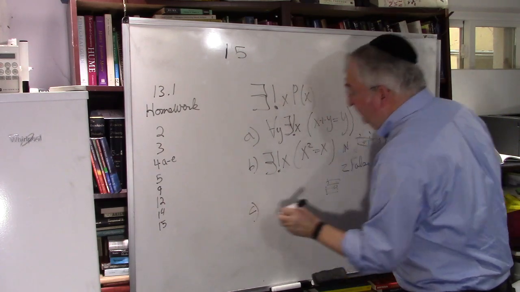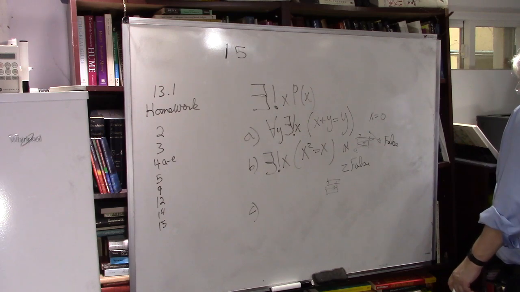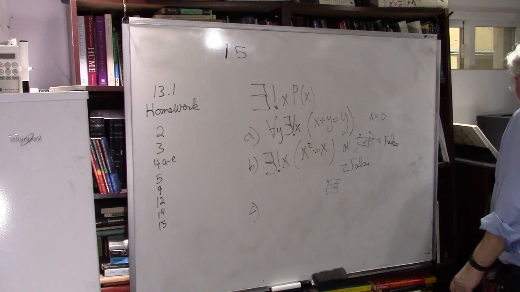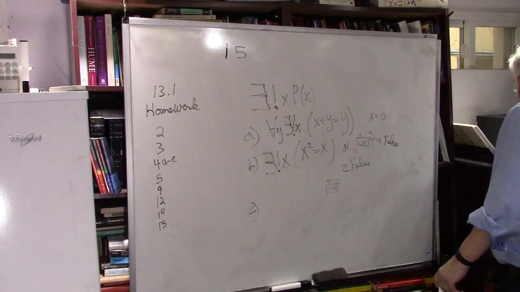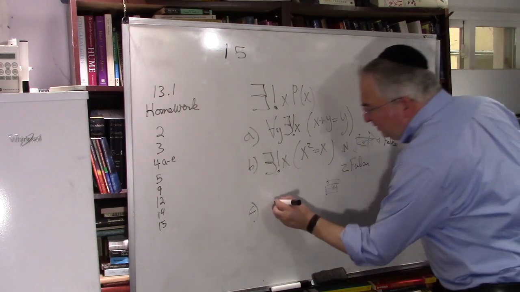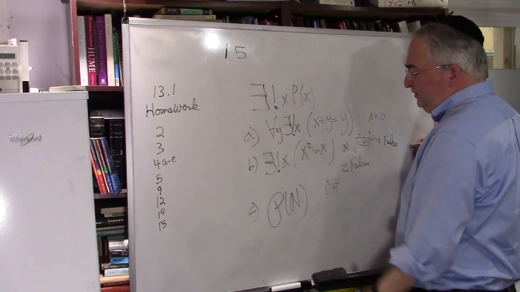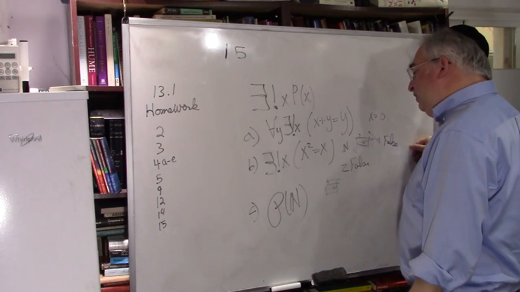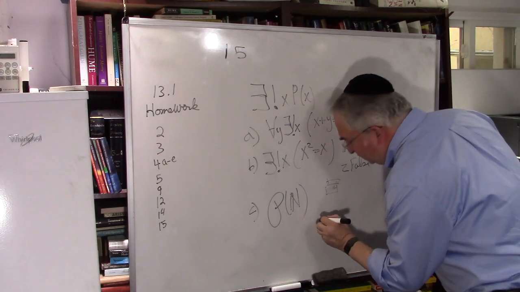Okay, C. Exactly one set is a subset of all sets in P of the natural numbers. Take P of the natural numbers, the set of all subsets of the natural numbers.